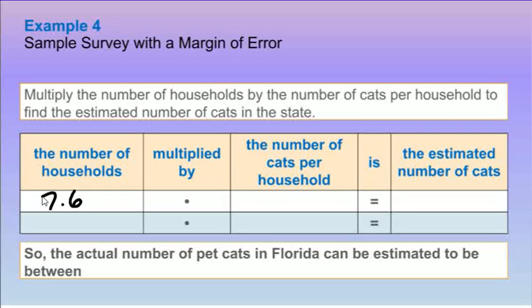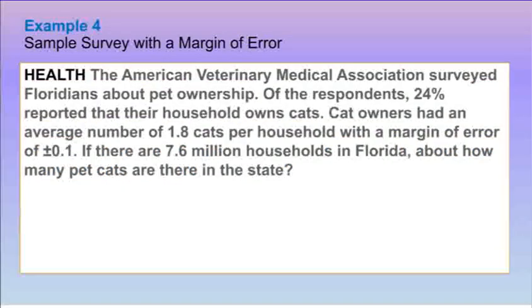Multiply that by the number of cats per household. The number of cats per household, if we go back to here, we would have, and we take into consideration the plus or minus, so that the average is 1.8.